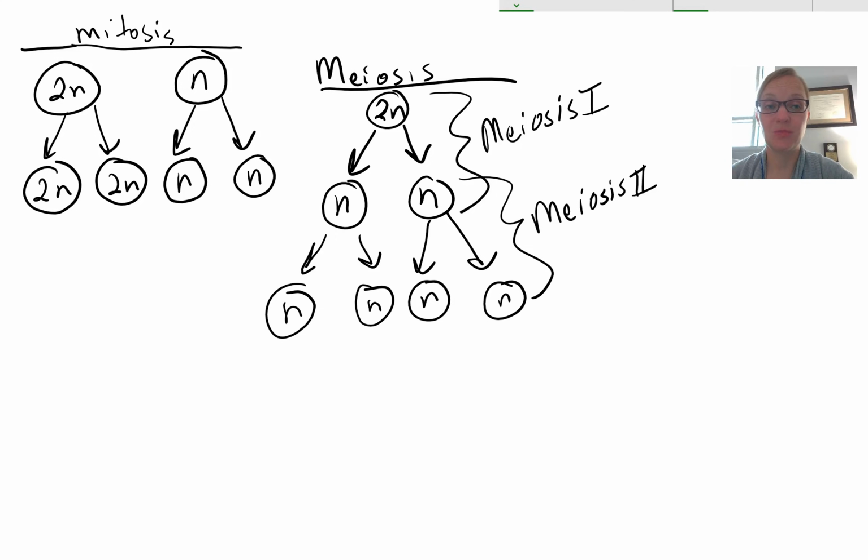All right, so we end up with really 4 haploid cells at the end of meiosis, in comparison to the single cell division we go through in mitosis to create genetically identical daughter cells, and only 2 of them.